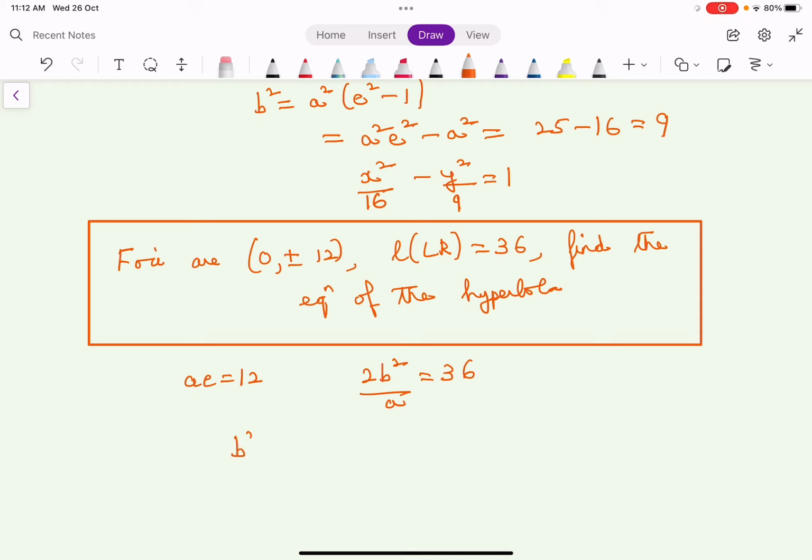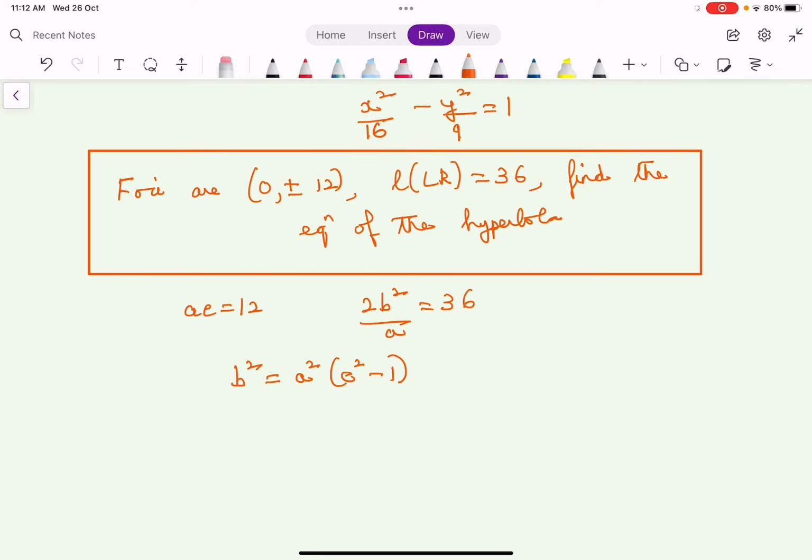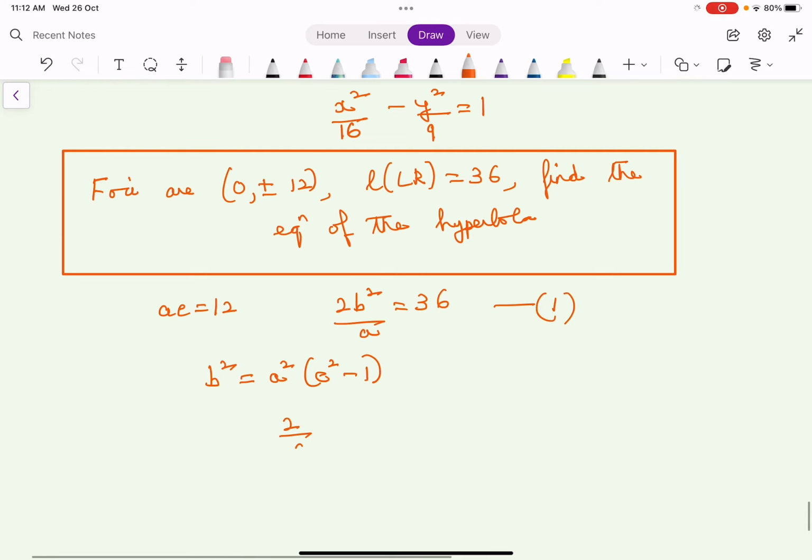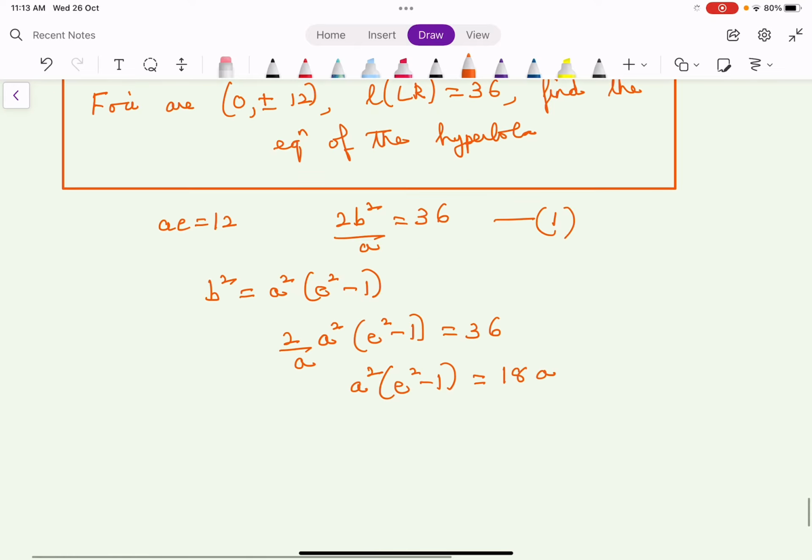Now we have b squared equal to a squared into e squared minus 1. So substituting here, I get 2 by a times a squared into e squared minus 1 equal to 36. I am substituting in equation 1. So simplifying, we get a into e squared minus 1 equal to 18. So a squared into e squared minus 1 is 18a, where a squared e squared is 144 because AE is 12.